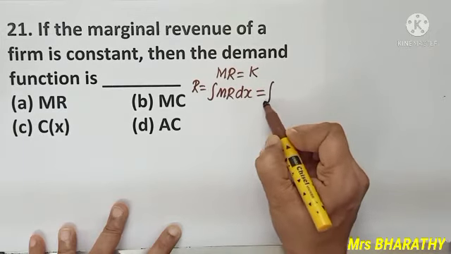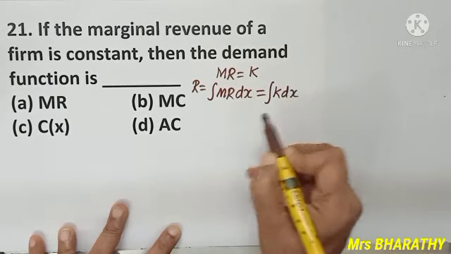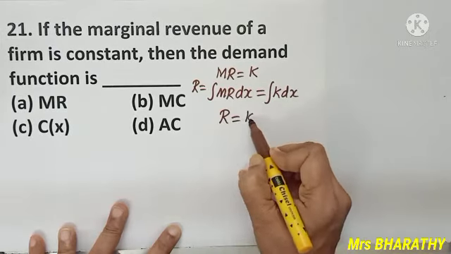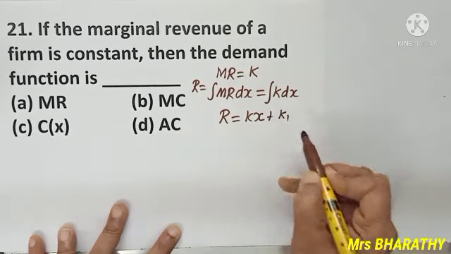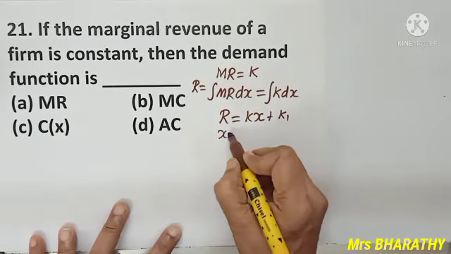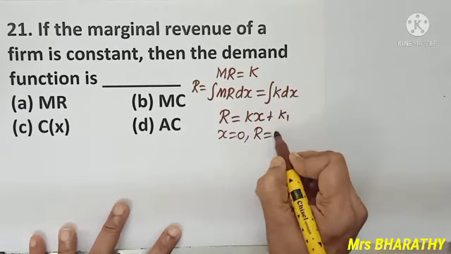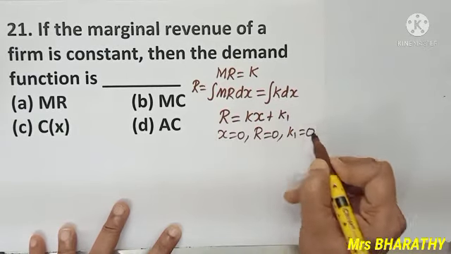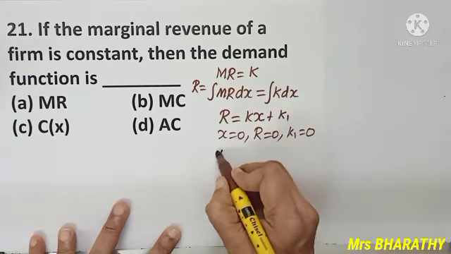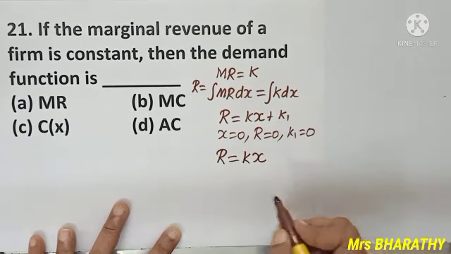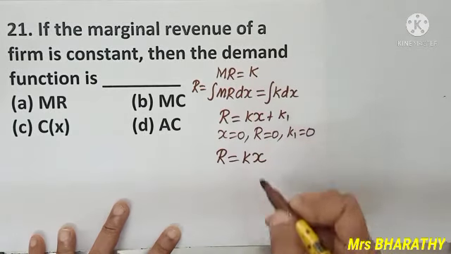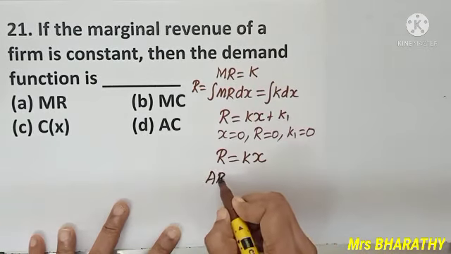That is integrate K dx. R is equal to Kx plus some constant, say K1. When X is 0, revenue 0, K1 is also 0. So, revenue equals Kx.